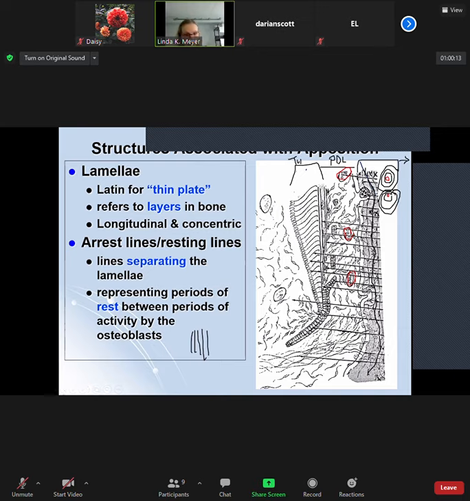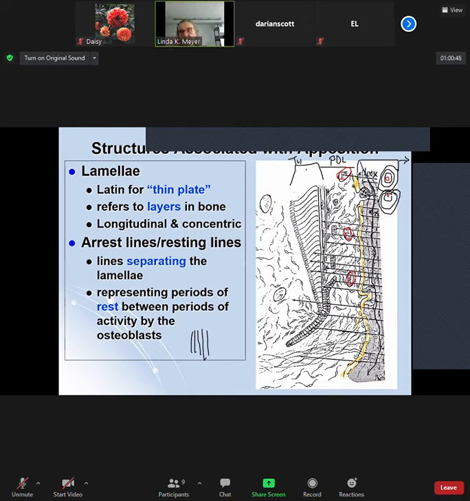Okay, the other thing I want to illustrate here is that the last layer laid down, I'm going to color it in orange, and it's not shaded on your drawing. That is osteoid. The last layer that the osteoblasts form, remember, is the organic matrix, just type 1 collagen and ground substance.